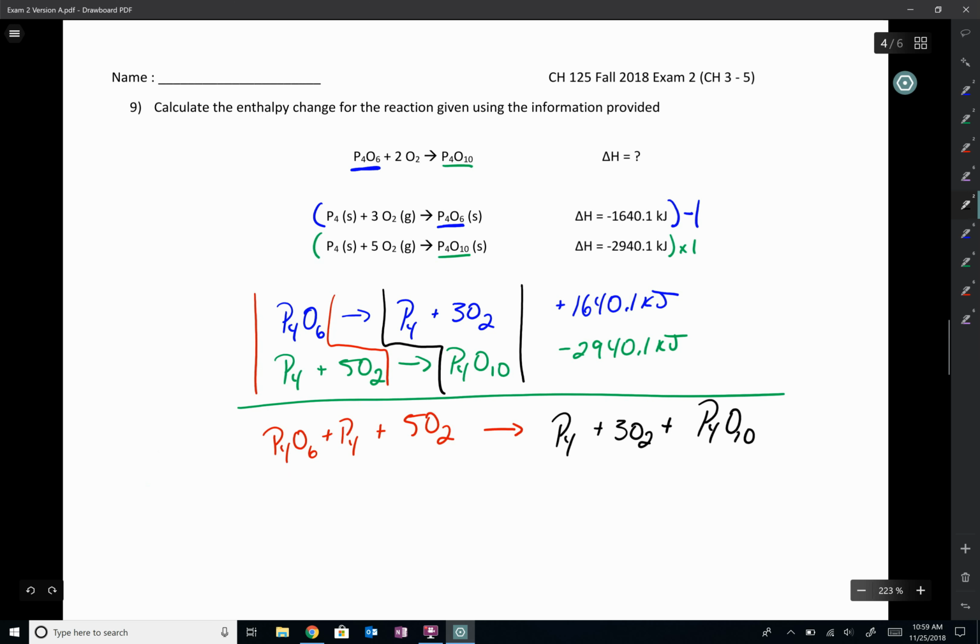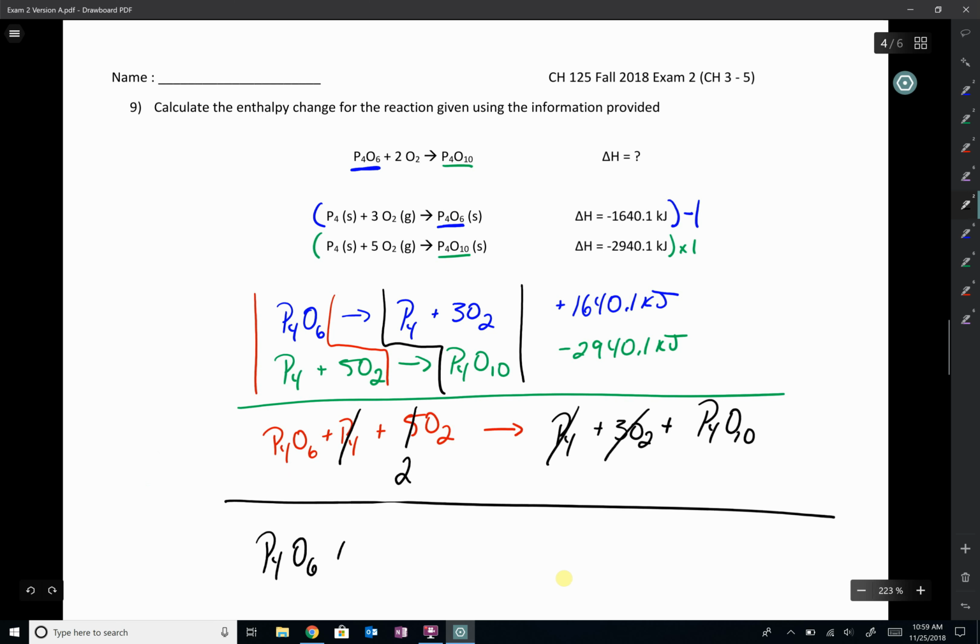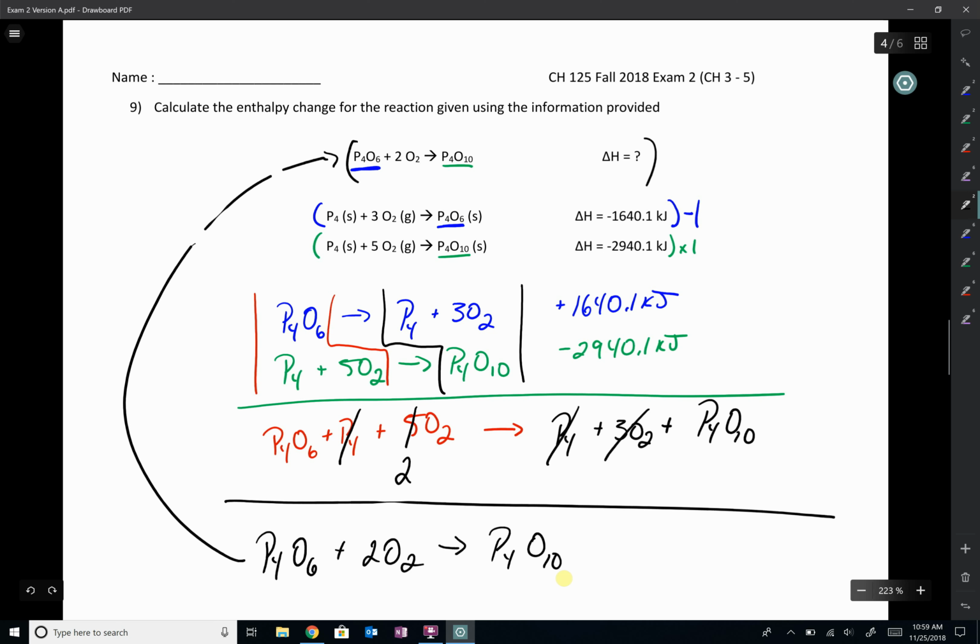Okay. Now I just cancel things out. P4 cancels out with P4. 3 O2 cancels out with 3 here, and we're left with 2. After I cancel out, I rewrite P4O6 plus 2O2 goes to make P4O10. Last most important part, are these the same thing?